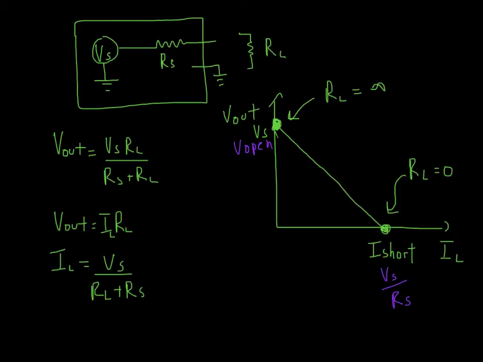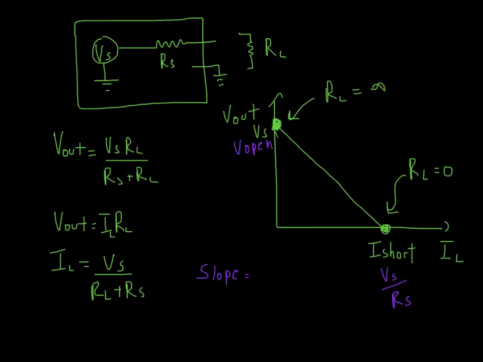All right, if you're following me, I know it's a little bit messy. This point here is Vs. It's also V open. This point down here is I short. It's also Vs over Rs. All right, so the slope of this line, which is going to be an interesting thing we'll see, is just going to be equal to, this point here is going to be V open, right?